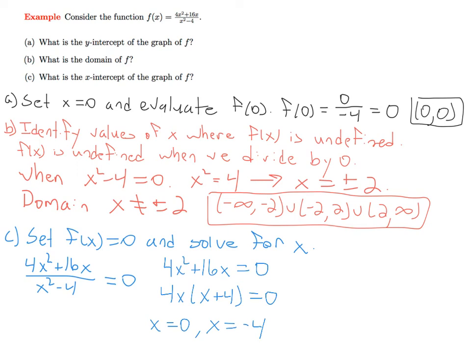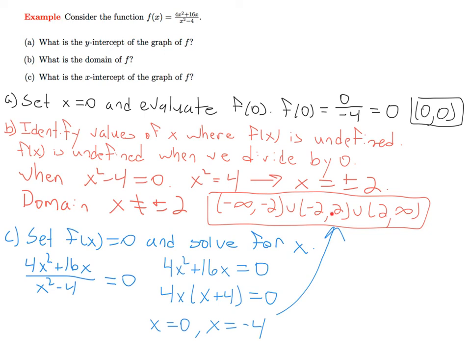So this means the numerator is 0 when x is 0 and x is equal to minus 4. And just making sure that these values are in the domain, because if they were to make the denominator equal to 0, then we wouldn't even have these values in our domain.